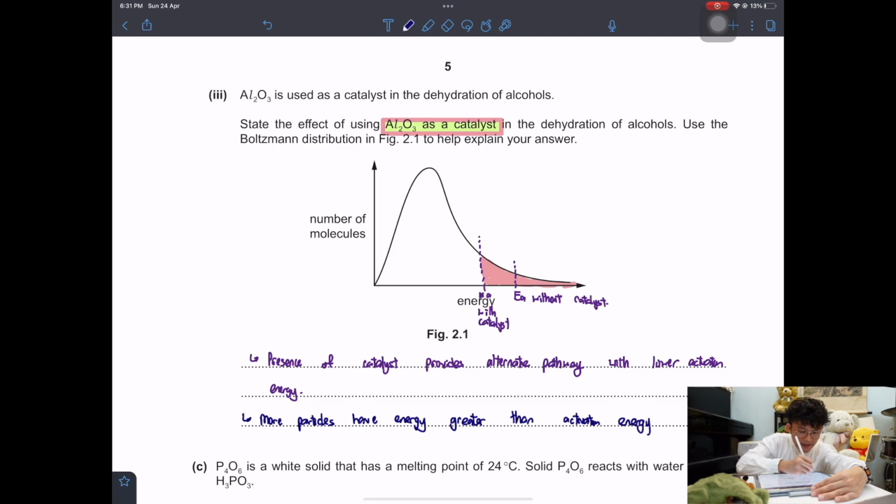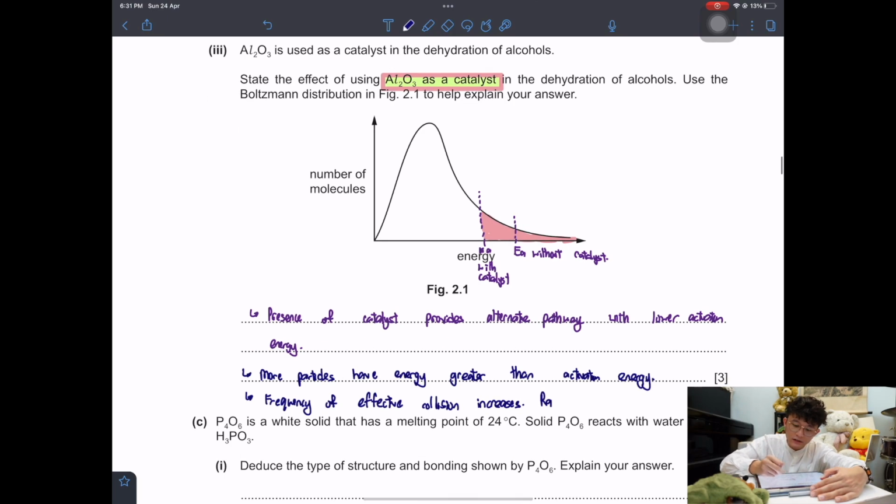And what happens next? I can say that the frequency of effective collision increases, right? At the same time, my rate of reaction increases as well. Yeah. Okay, so how is it, guys?